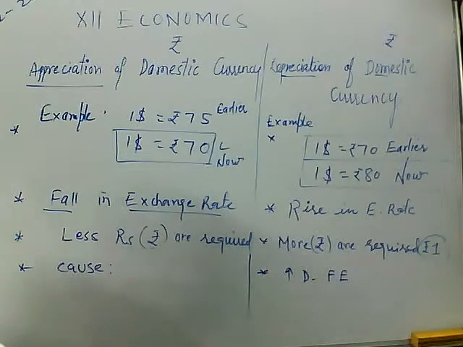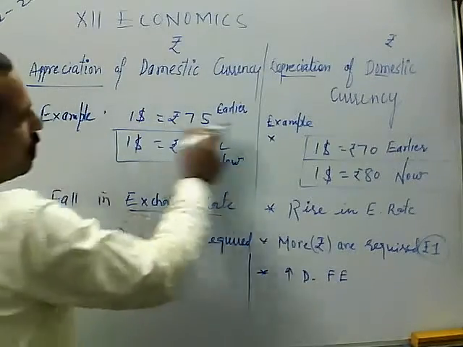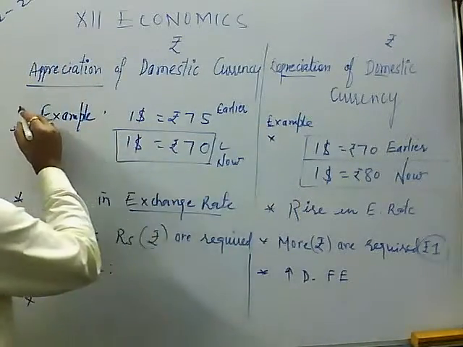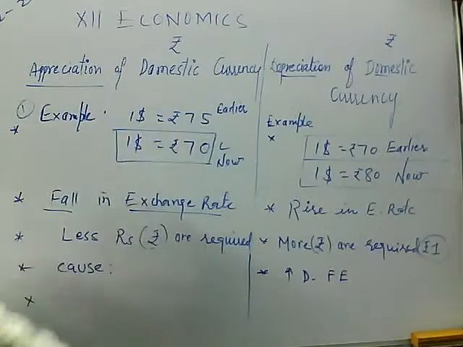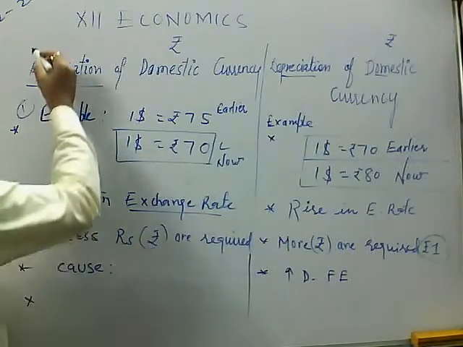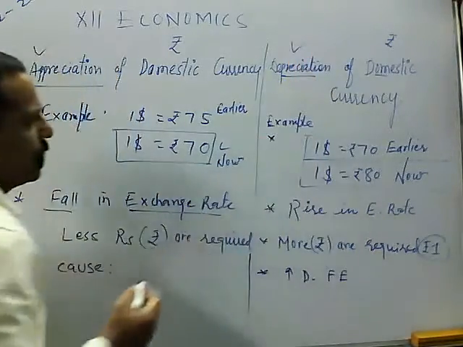Got it? And decrease in the supply of foreign exchange. At the end, they have given the examples. So the example we have taken early, means the first point is related to the examples only. Okay, so this is about the question on appreciation and depreciation.